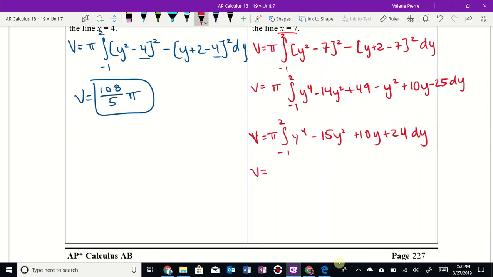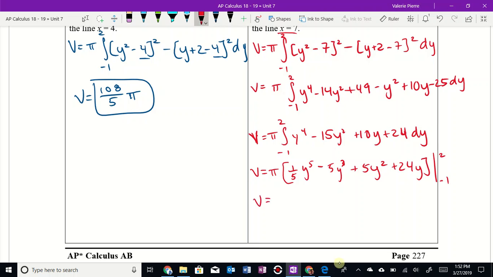So V is equal to pi times 1/5 y to the 5th minus 15 over 3 is 5, so 5y cubed, plus 5y squared plus 24y from -1 to 2.